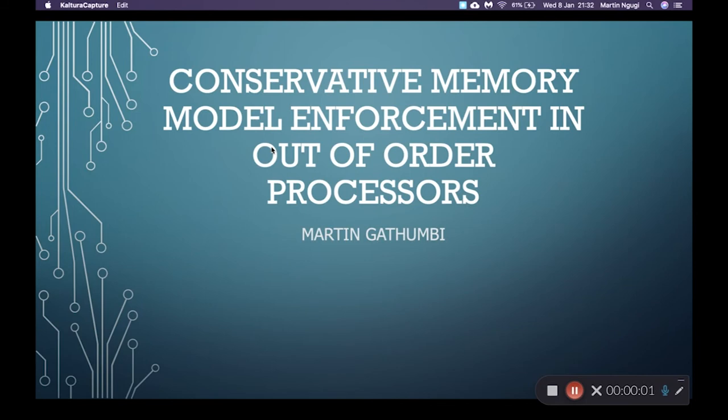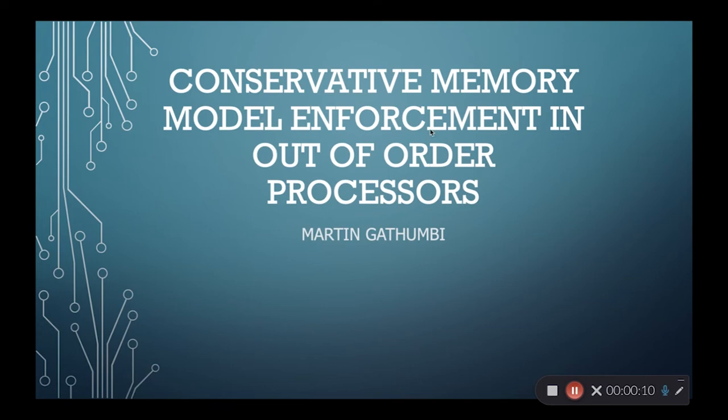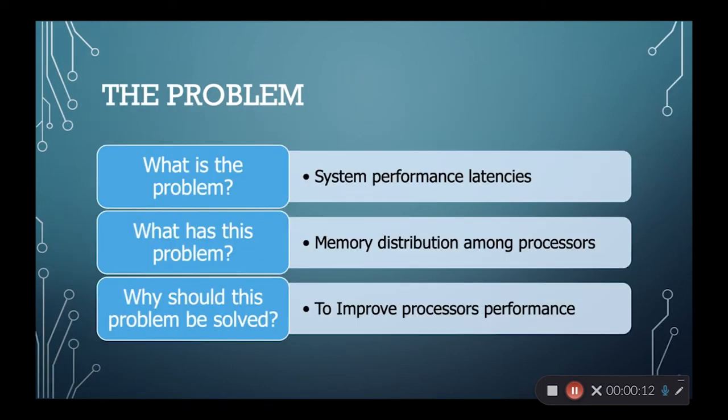Hello and welcome to this presentation of conservative memory model enforced in out-of-order processes. Right, so what are we dealing with here? We are dealing with system performance latencies, where multiprocessors have to wait to perform a process, which slows down the processor and memory use on the processors.